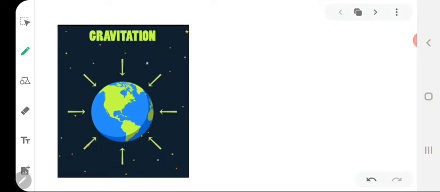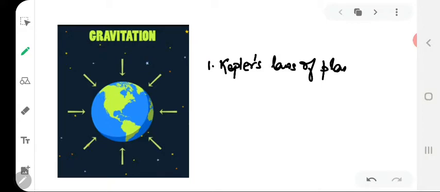The name of the chapter is gravitation. Today's lesson will be dedicated to the discussion of three topics. We shall begin with Kepler's laws of planetary motion.